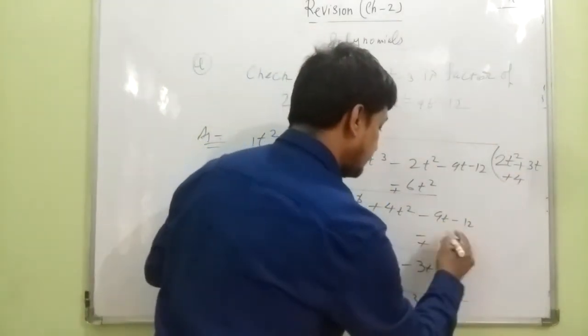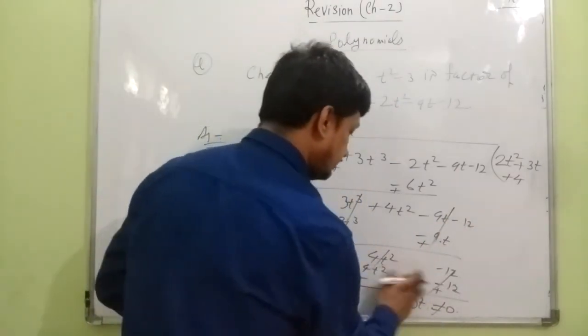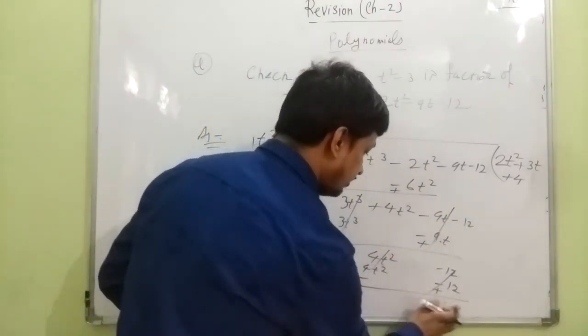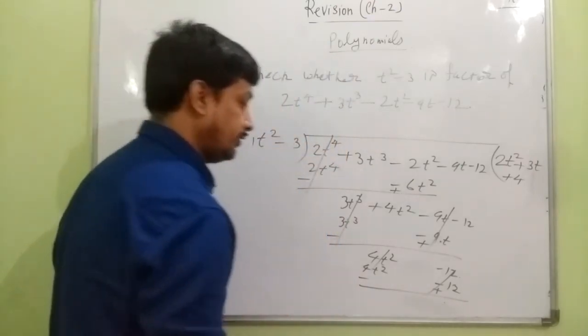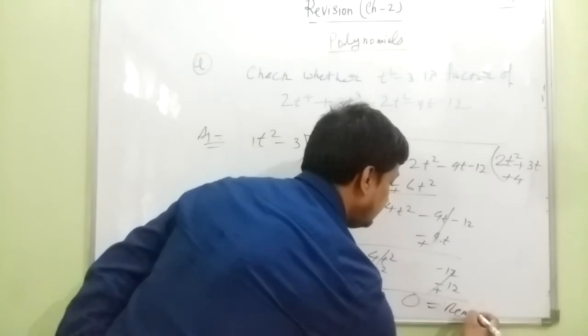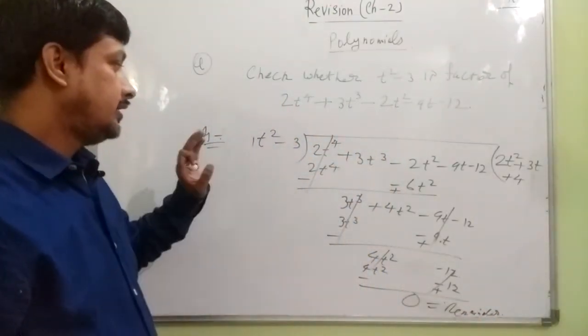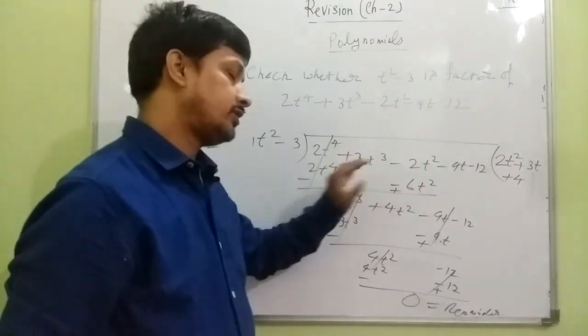So here is a big mistake. So I think this is just cancelled out. So this term will not move. So the remainder is 0. So you can say the remainder is 0. So yes, you can say t square minus 3 is a factor of the given polynomial.